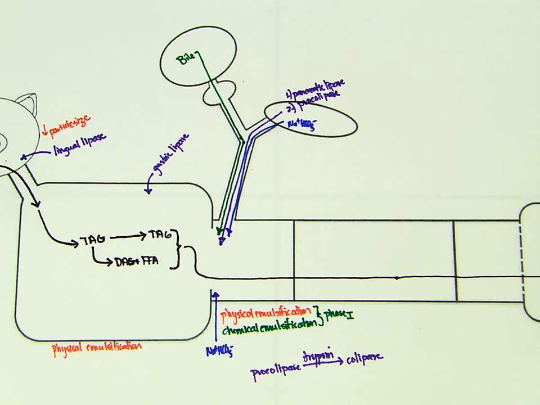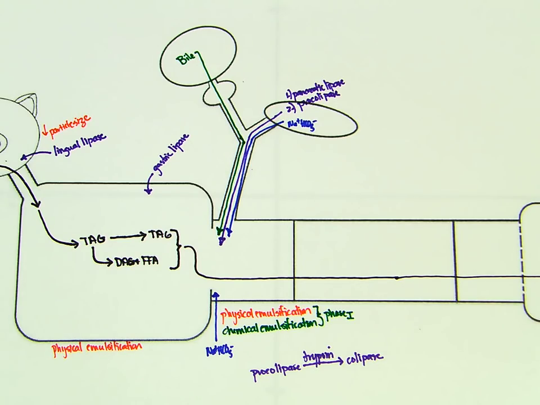So basically it creates room, it creates a way for pancreatic lipase to associate with the fat droplet, because again, the fat droplet doesn't want to interact with water, so you have to have a protein that's relatively hydrophobic to create a space for the pancreatic lipase to bind.